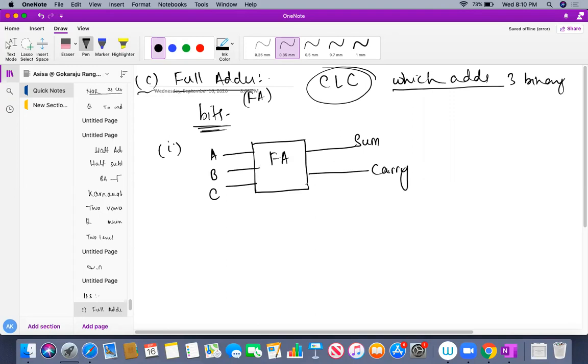Do you all understand? So my first step to design a combination circuit: identify the number of inputs and outputs required. So we have identified here, we need 3 input bits and we need 2 output bits to design it. Next we'll go for the next part.